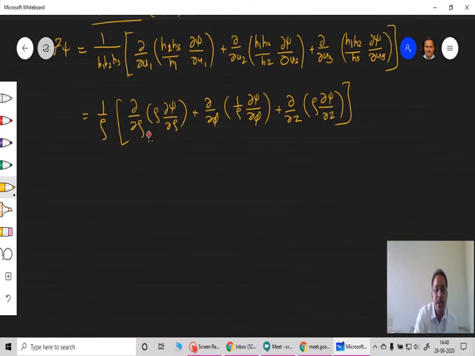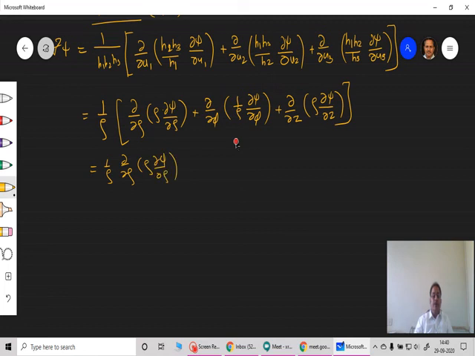Now rho and ∂psi/∂rho are the two functions here. Here also this 1 upon rho is constant, so that can be taken outside of the bracket. So just simplify this. Simplifying this, it is 1 upon rho times ∂/∂rho of rho times ∂psi/∂rho.